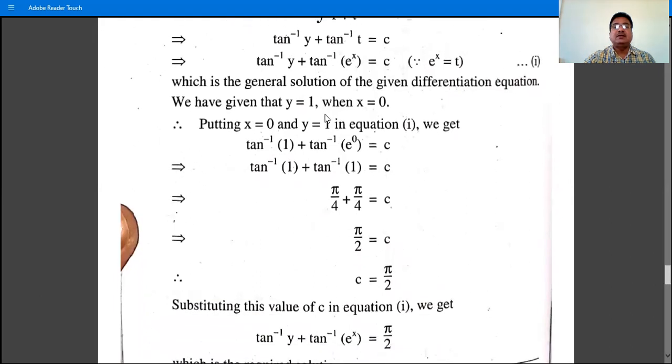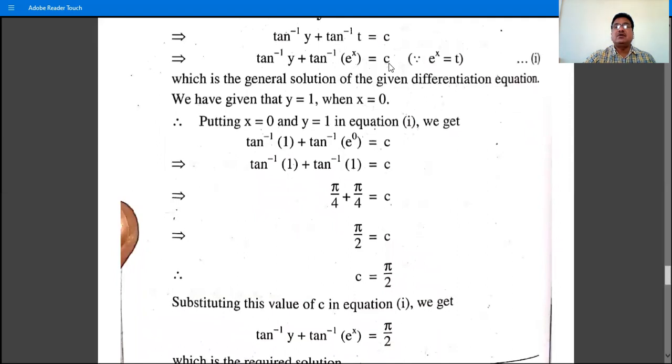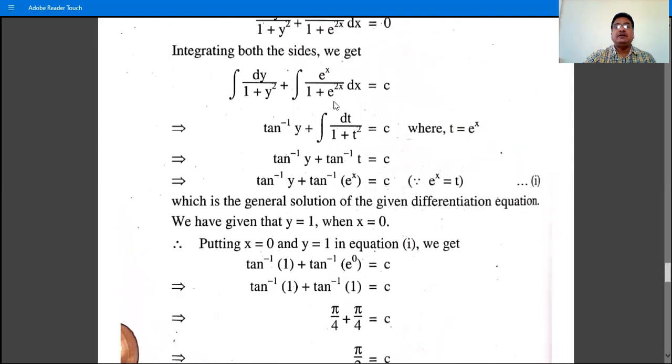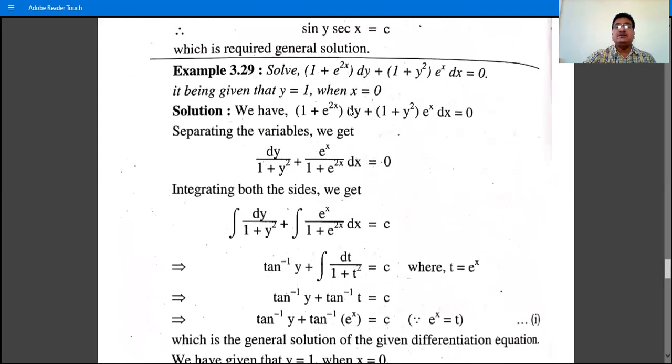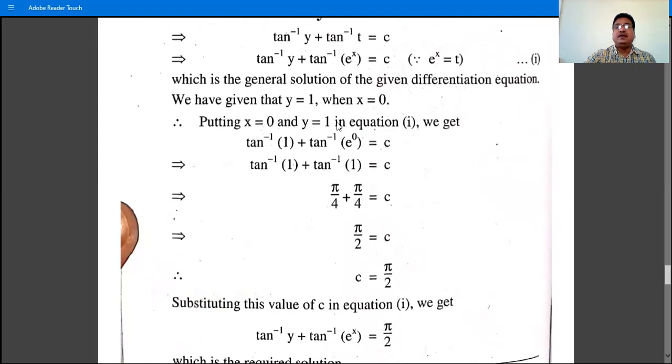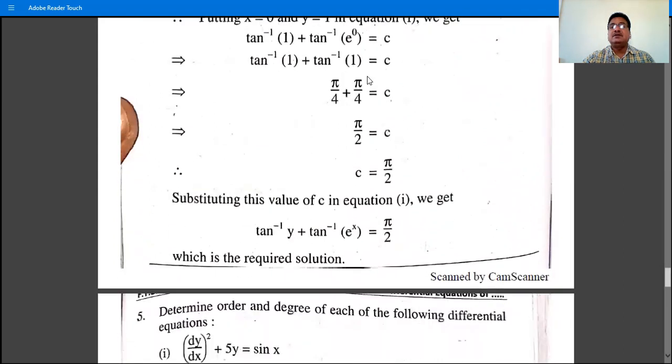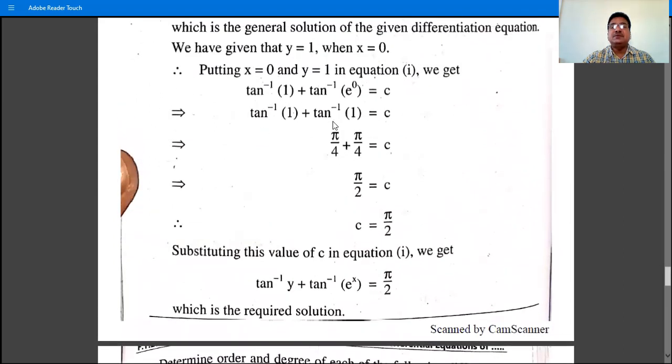So tan inverse y plus tan inverse e raised to x is equal to constant is the general solution of the given differential equation. Now we have to find the particular solution. So substitute y is 1 and x is 0. We get in this general equation, tan inverse 1 plus tan inverse e raised to 0 is 1 is equal to c, and tan inverse 1 is pi by 4.